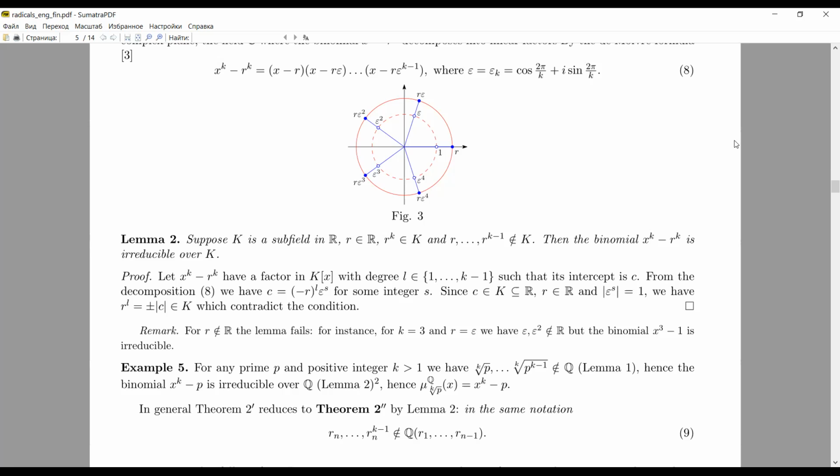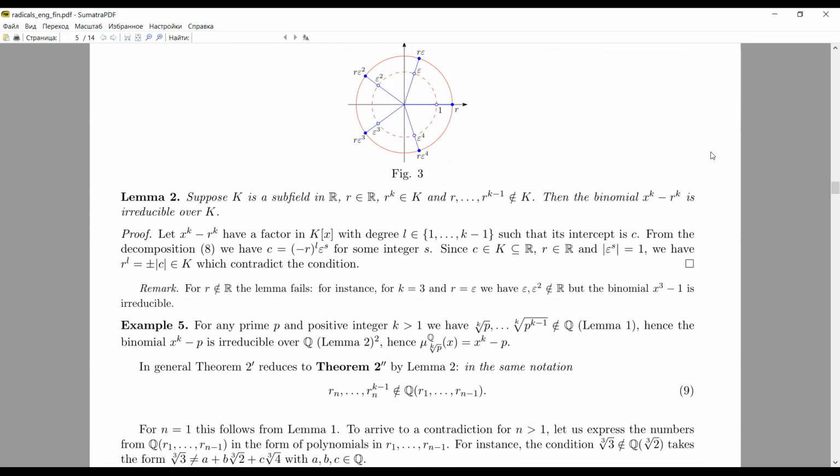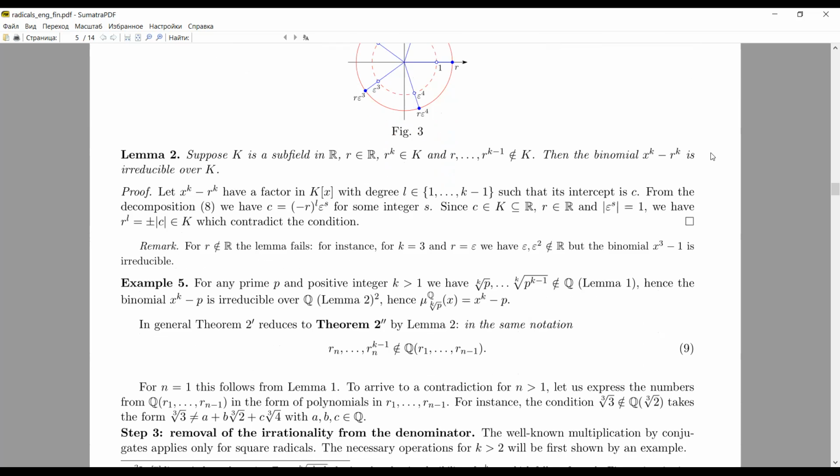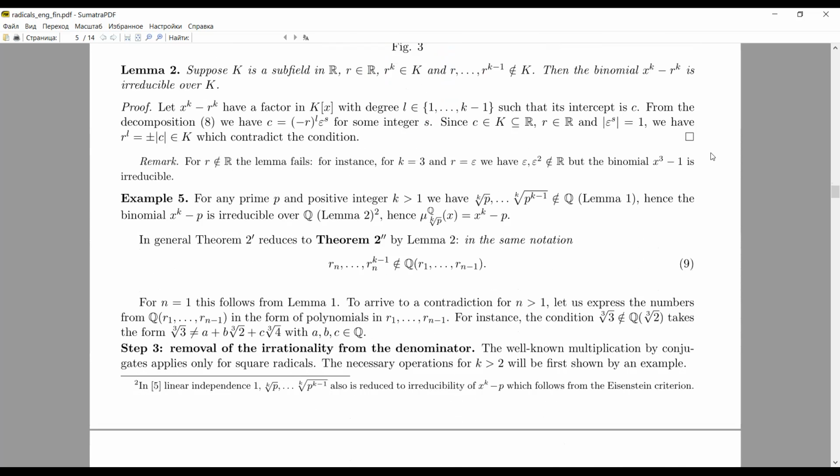So we proved this lemma. Note that if r isn't a real number, then the lemma fails. You see the counterexample with the binomial x cubed minus 1.